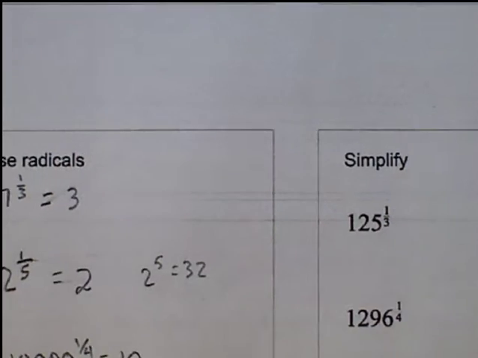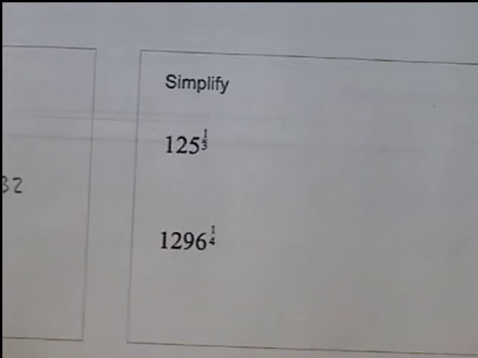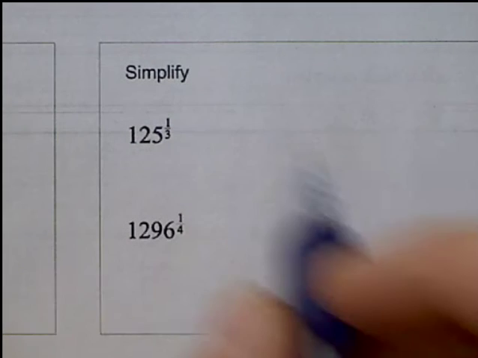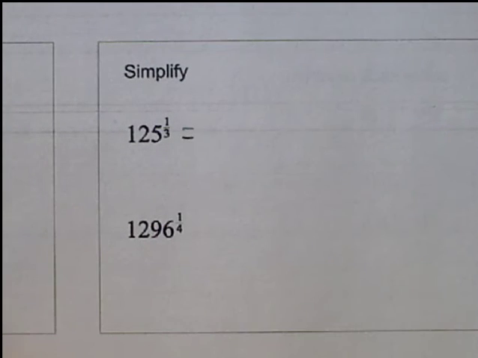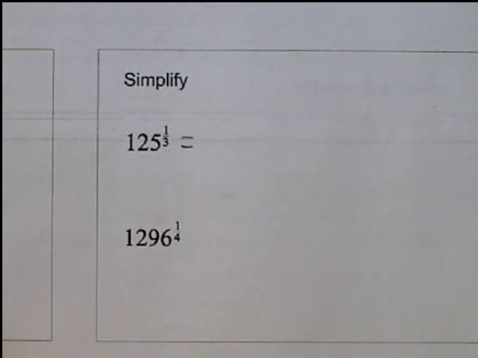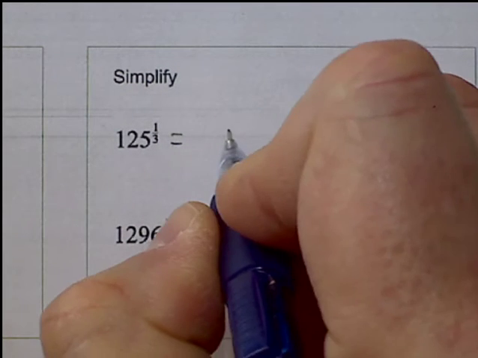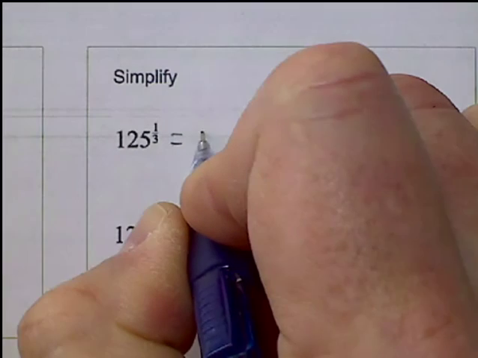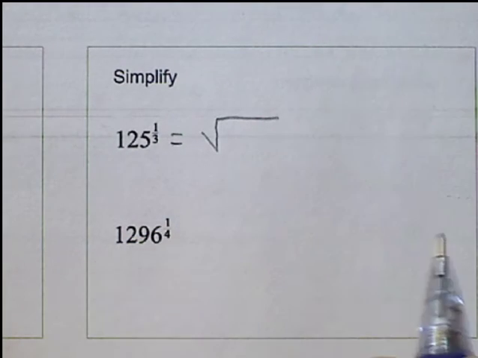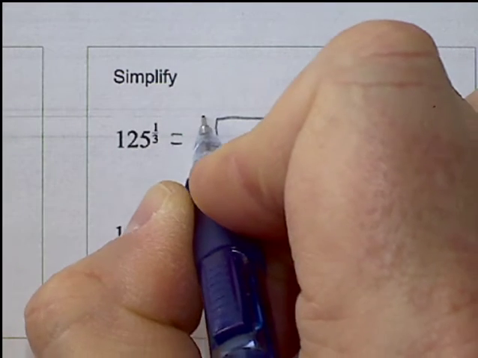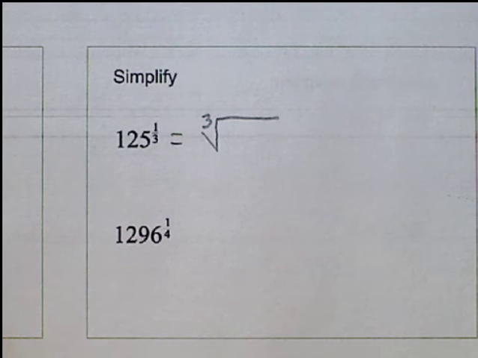All right. So moving on here, simplify these. If we write these in radical form, 125 to the 1/3 power, how would that look as a radical? Not square root, the cube, we can call that one the cube root, and then after that you just gotta start saying the numbers, like the 4th root, the 5th root.